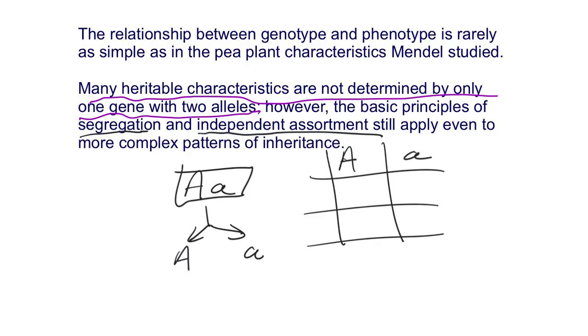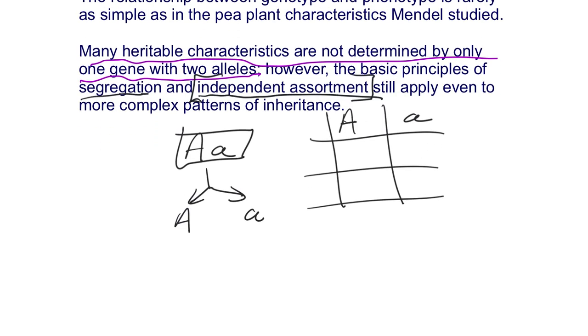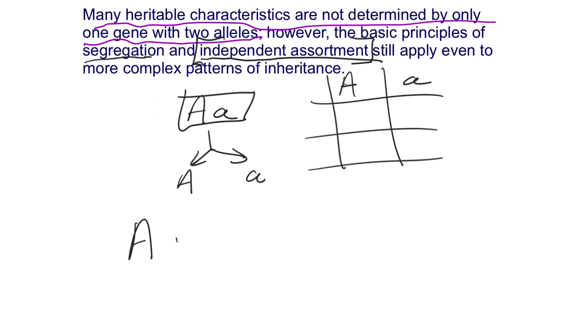Okay? Now, the principle of independent assortment simply states that if you had A, B, talking about two genes, these two genes will segregate in meiosis separately from each other. The way one separates isn't controlled by the way the other one separates.